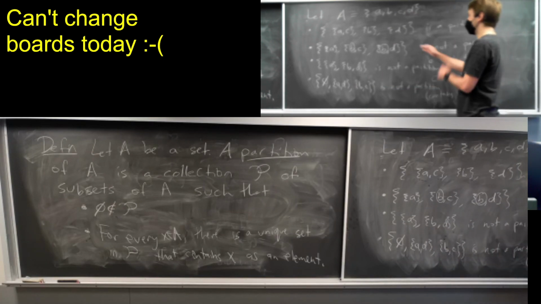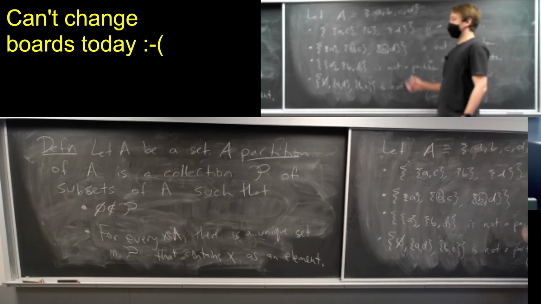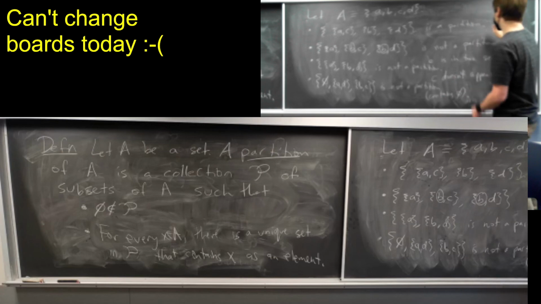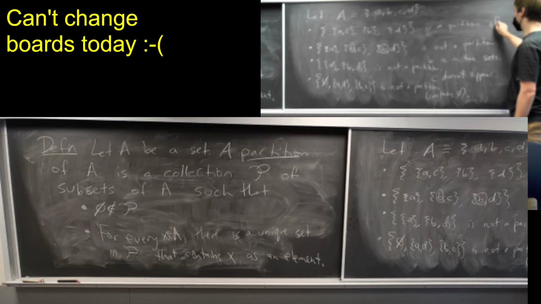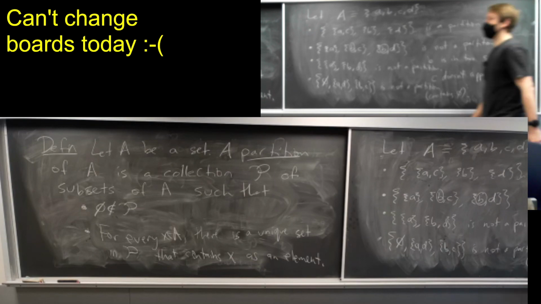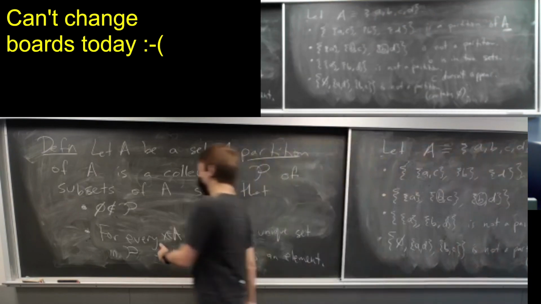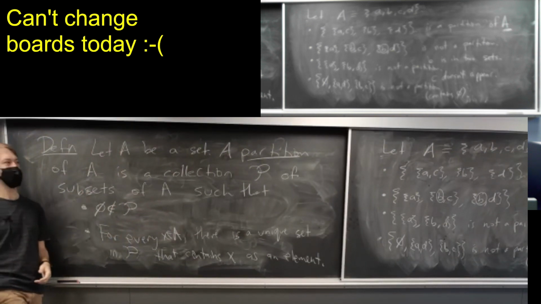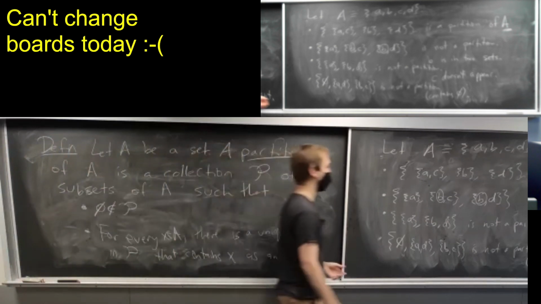Well, if I threw in a set containing E, it would be a partition, kind of, but not of this set because they're not subsets of A. So when I say partition, it matters what set you're talking about. If I threw in the element E, it would fail the condition that all the sets in there should be subsets of A. So that's a good thing to notice as well.